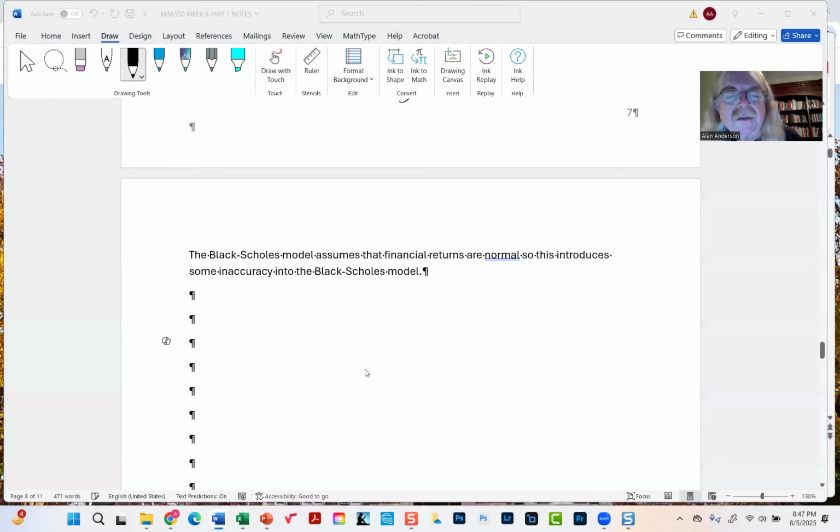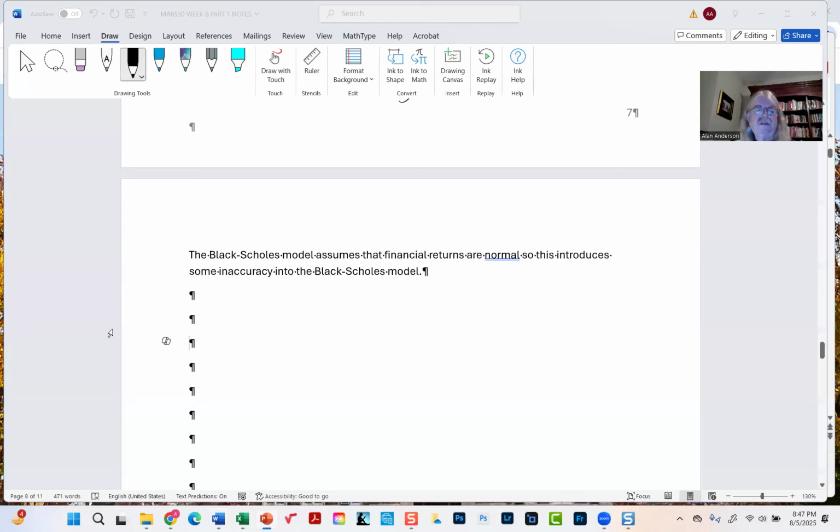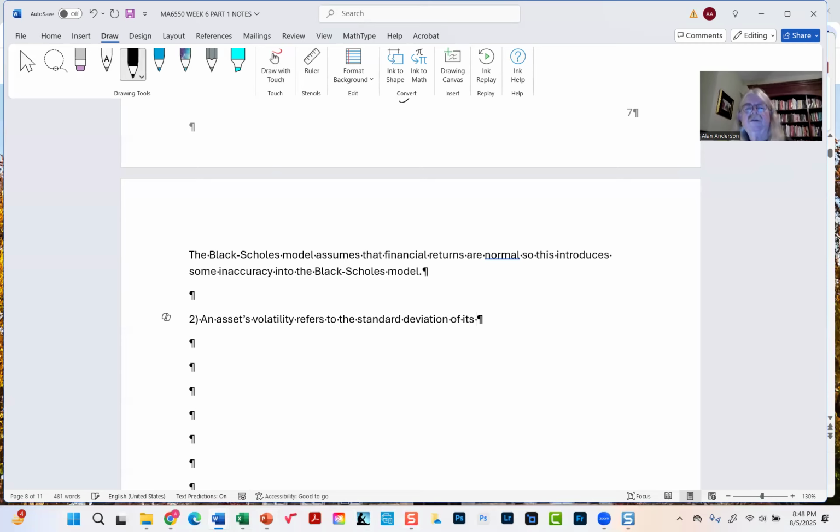Now, the next thing that it assumes is constant volatility. Now, the volatility in an asset, as I've already mentioned, can be thought of as the standard deviation of its returns over time.